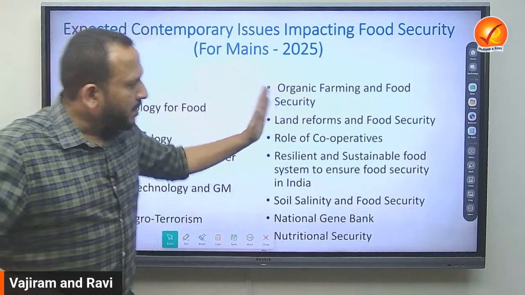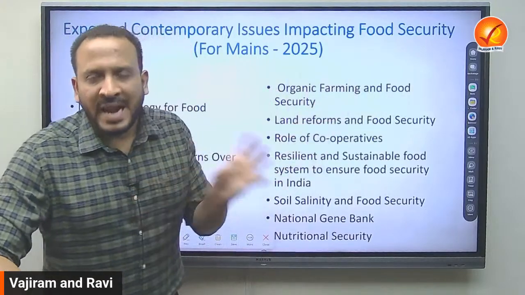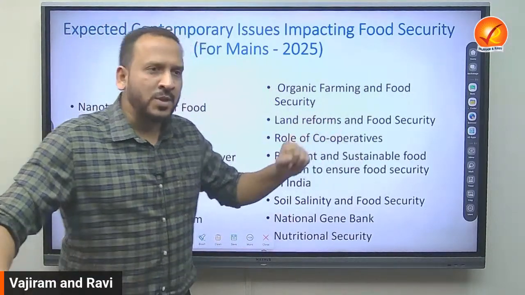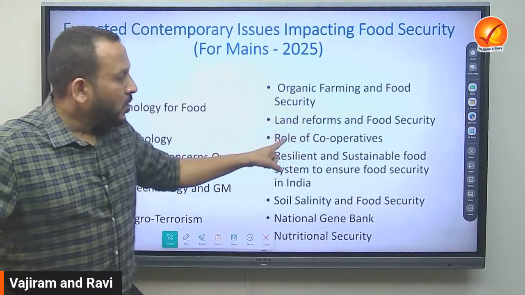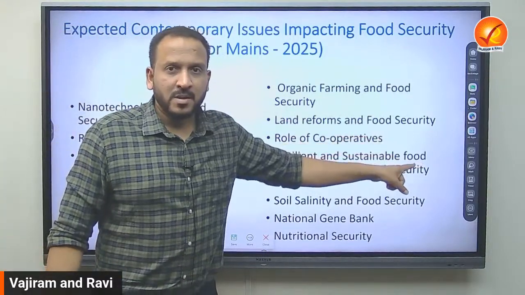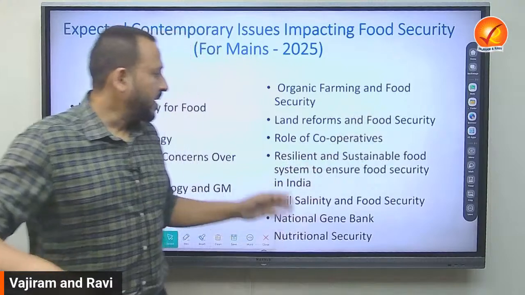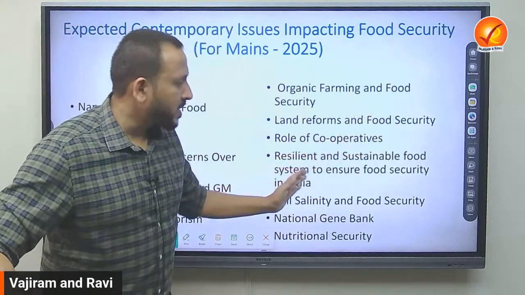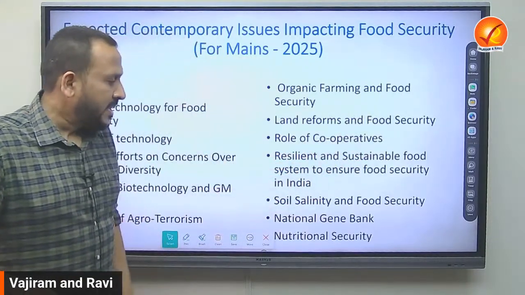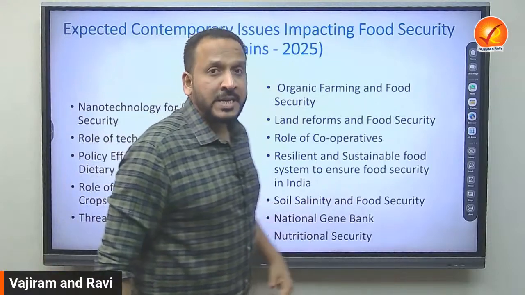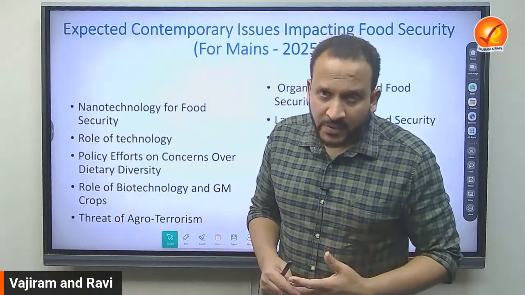For example, the impact of land reforms on food security. This is again very important. Role of cooperatives in ensuring food security, resilient and sustainable food system to ensure food security, right? Nutritional security. These are all important themes for 2025.